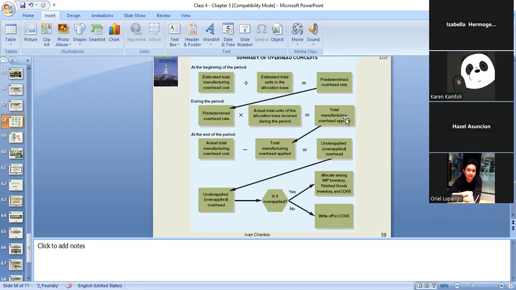At the end of the period, we're going to compare actual versus applied. And we have two scenarios, under applied or over applied. If it's over applied, we're adjusting cost of goods sold, work in process, and finished goods. If it's under applied, cost of goods sold. Or we can adjust both.